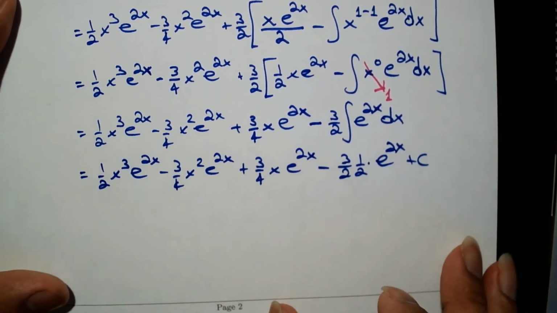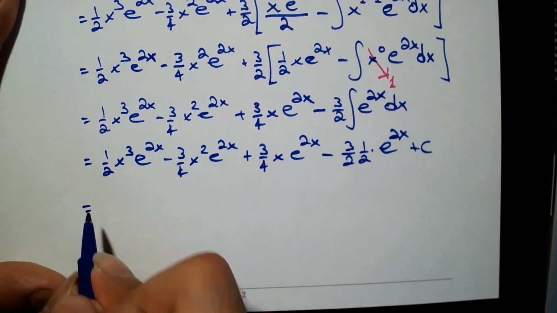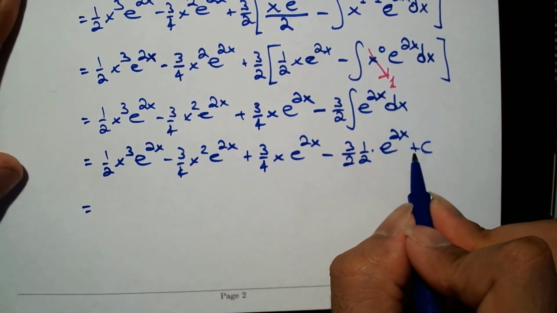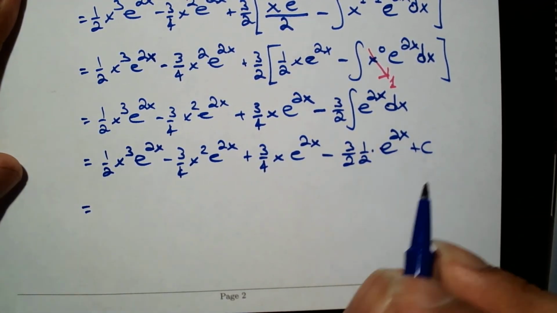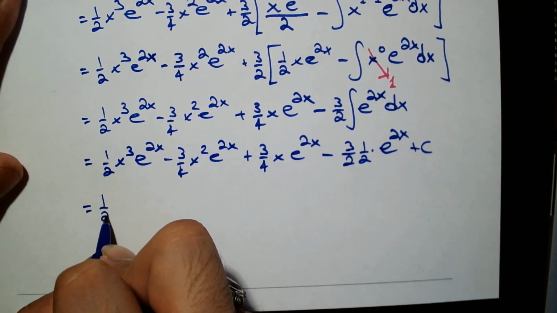Multiplying these two fractions together, we get finally the final answer. So every time we stop using the integral sign, we add the plus c. Keep that in mind.